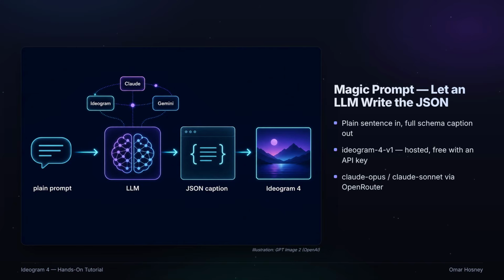There are Claude Opus and Claude Sonnet configurations that run through OpenRouter using an open-source system prompt that ships in the repository. And I added my own backend for Gemini Flash Lite, which costs a fraction of a cent per expansion. The expansion is aspect ratio aware too, so composition advice matches your target canvas.